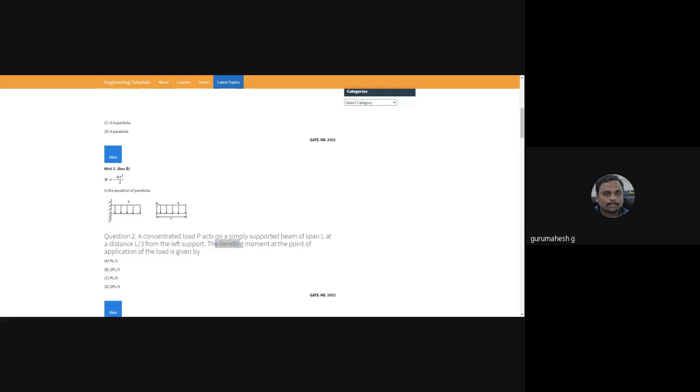In that problem, the beam has a length of L, and a point load is acting on the beam at a distance of L by 3 from the left support.